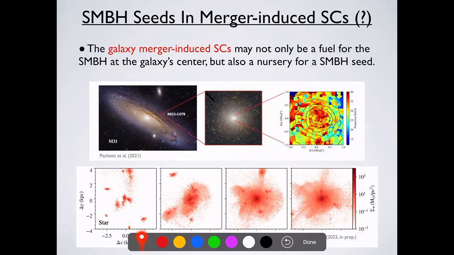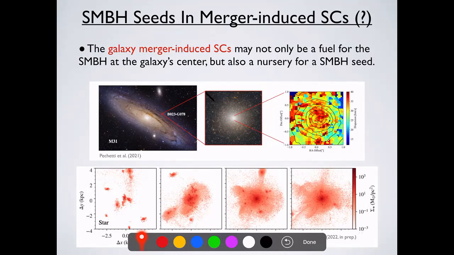But if you somehow find a way to bring hundreds of thousands of stars right into the vicinity of the supermassive black hole, then it could be really nice fuel for the black hole to grow by tidally capturing the individual stars there. So that's one of the other studies that I'm interested in.